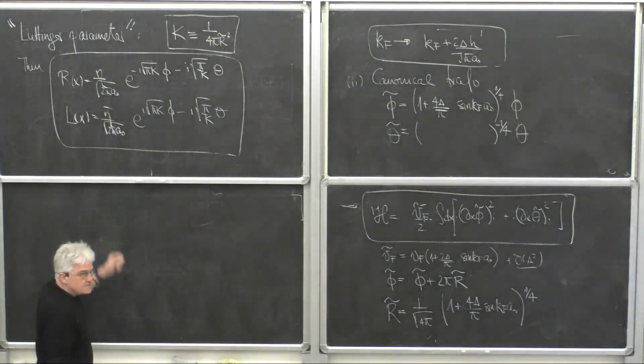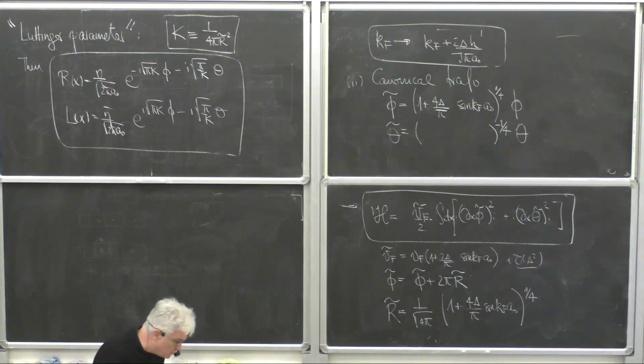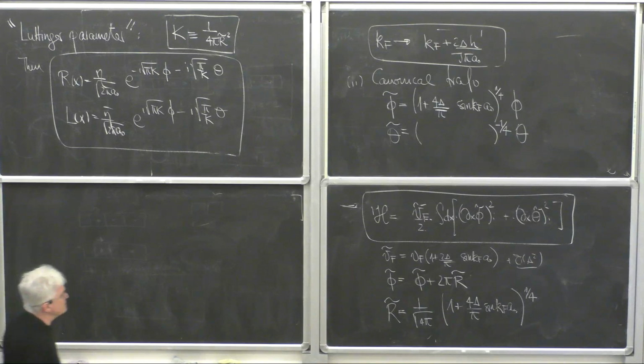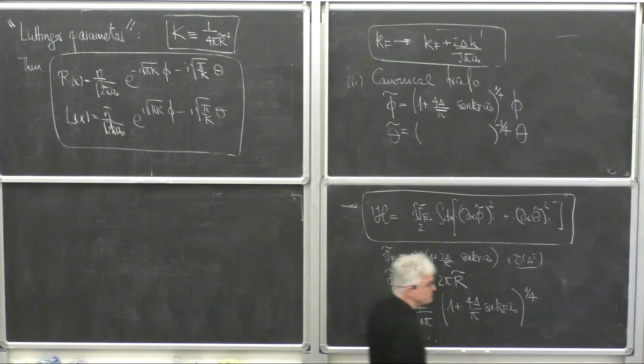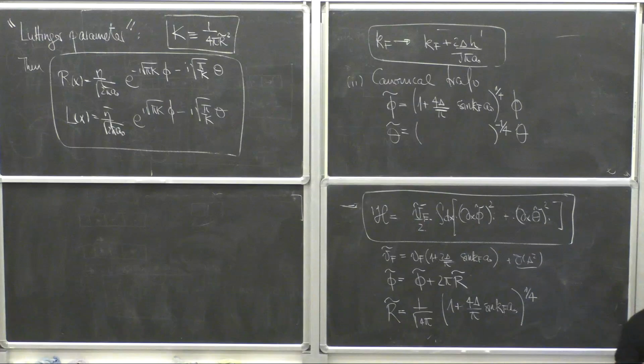Okay, so the way I have approached this problem, I have assumed that delta is small, so I had weakly interacting fermions.